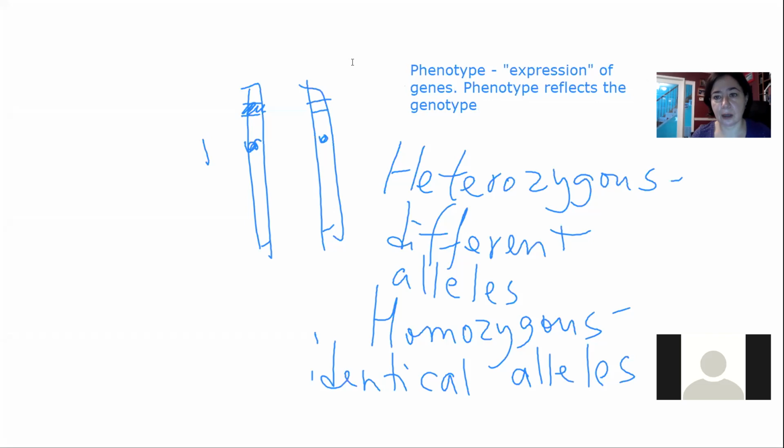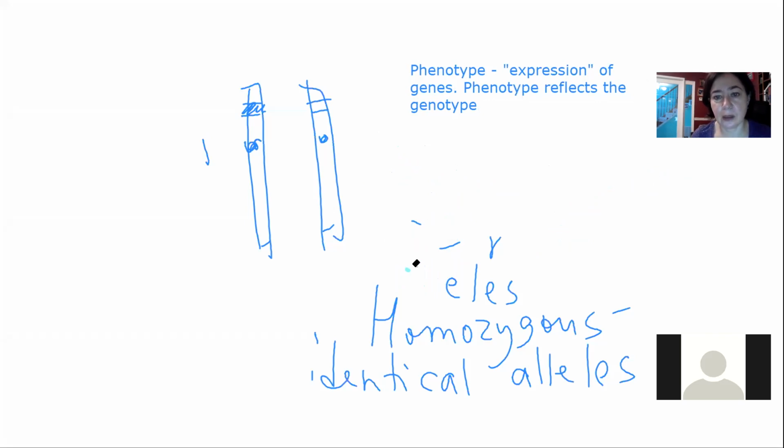Now, in the case of heterozygous, if you have different alleles, what's going to be the phenotype? If one allele takes over another, this allele is called, tell me. If you have an allele for purple and an allele for white, and the phenotype is purple, it means this allele is dominant or recessive?